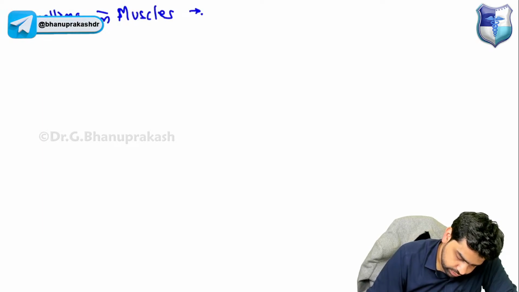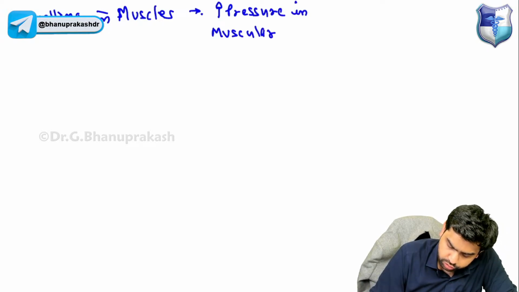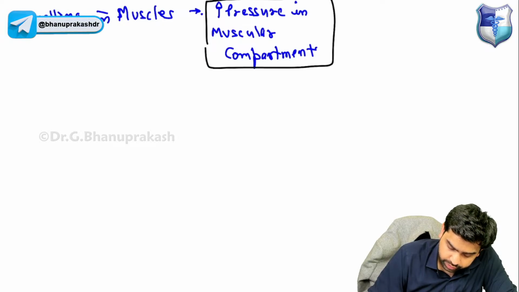So I'll just write it down again. Because of the crush injury, because of the swelling and the edema in the muscles, there's going to be an increase in the pressure in the muscular compartment. What you need to understand is that the fascia is not going to get distended over here.